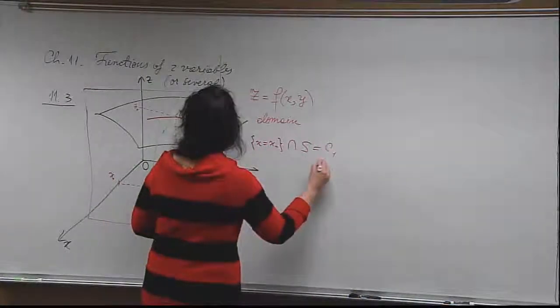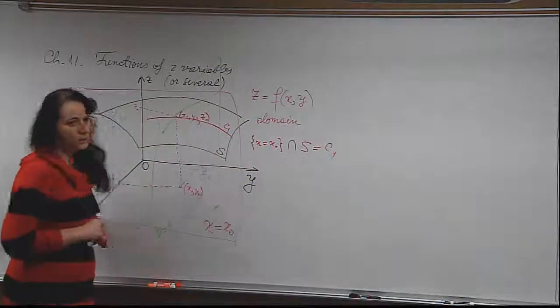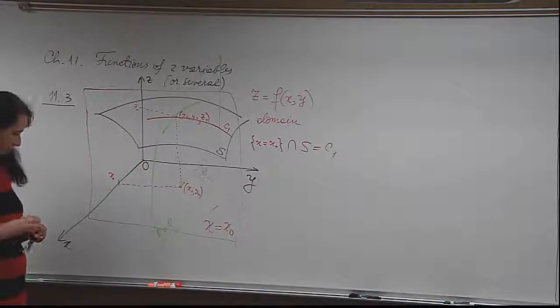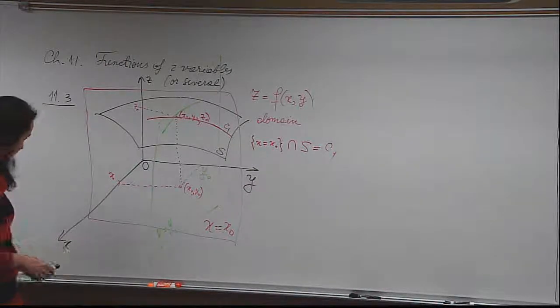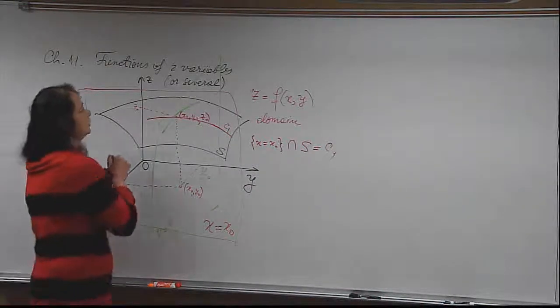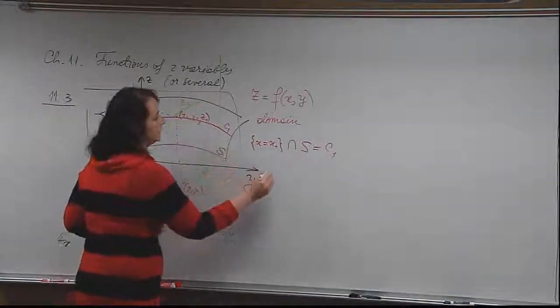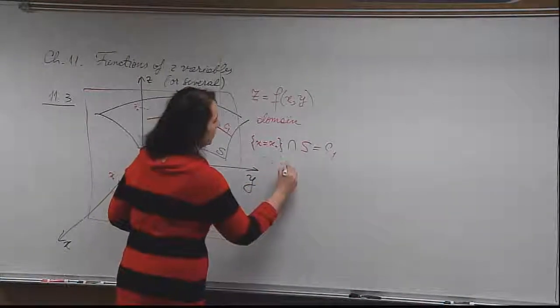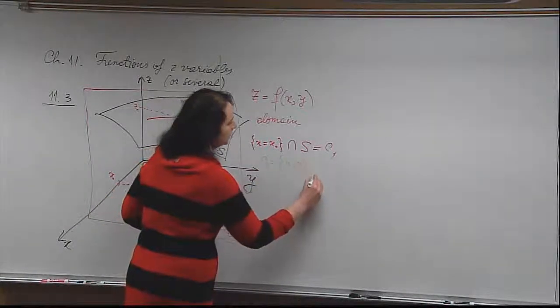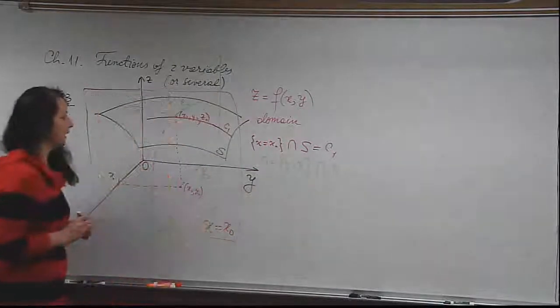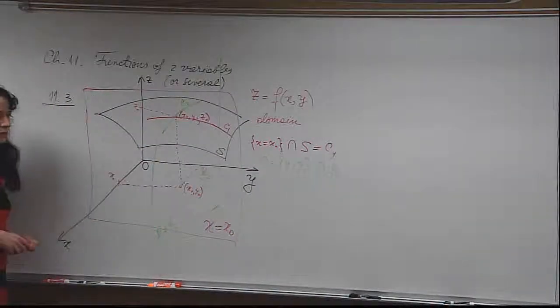Let's call it C1 because you cannot see pink on your notes. Well, you can imagine, but it's not the same thing. C2 is the y equals y0 plane intersected with S. And what have we learned last time?